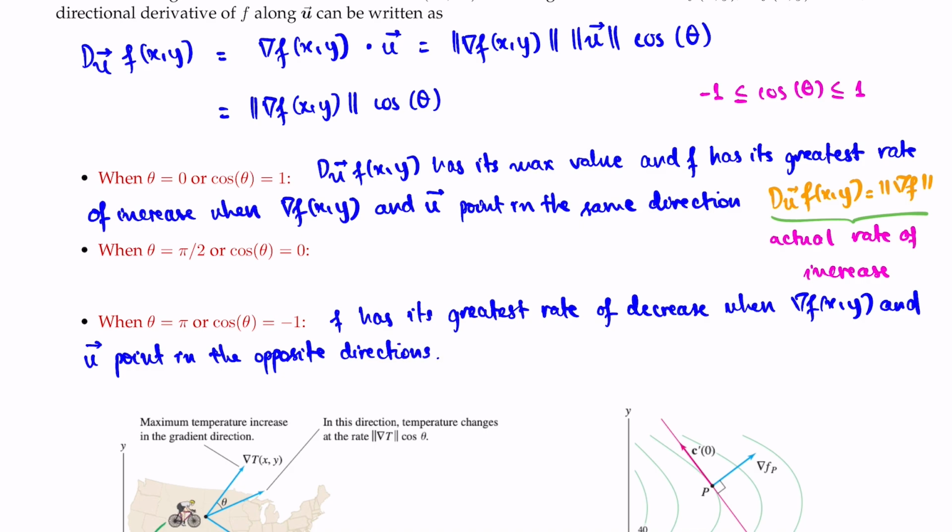And the actual rate of decrease is you have the directional derivative equal to negative of the magnitude of the gradient.